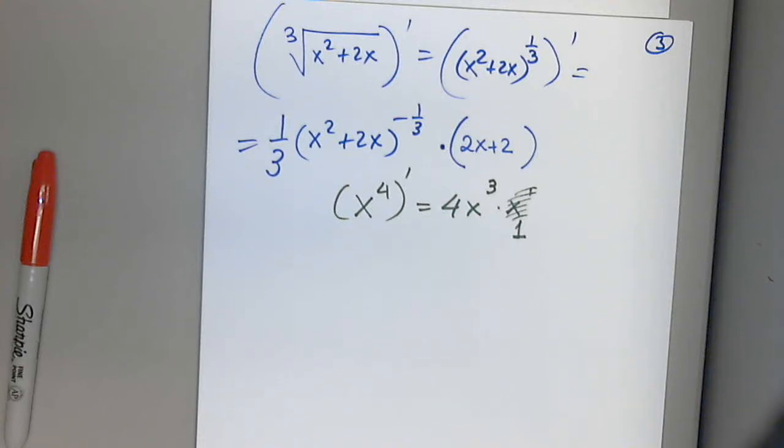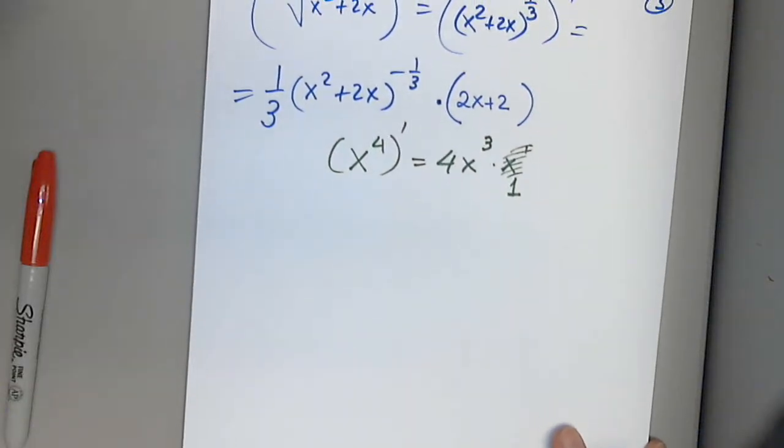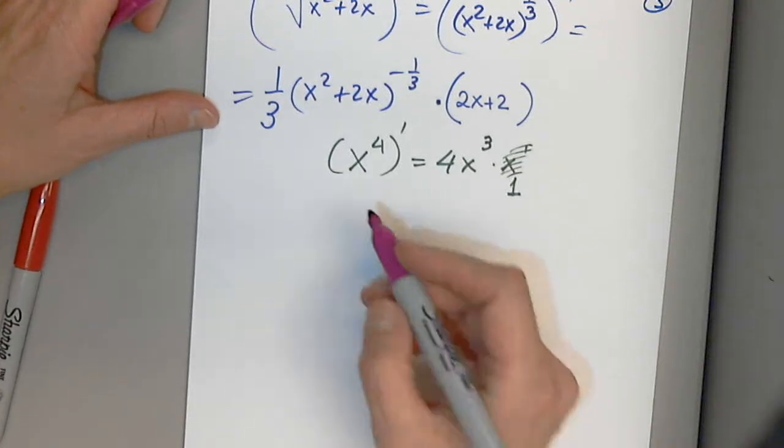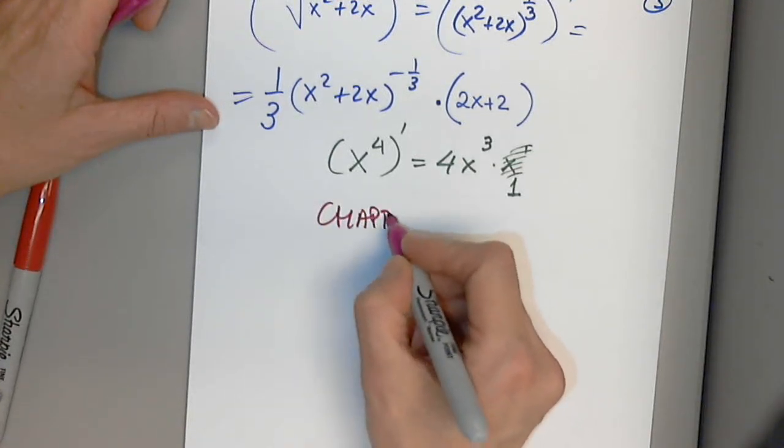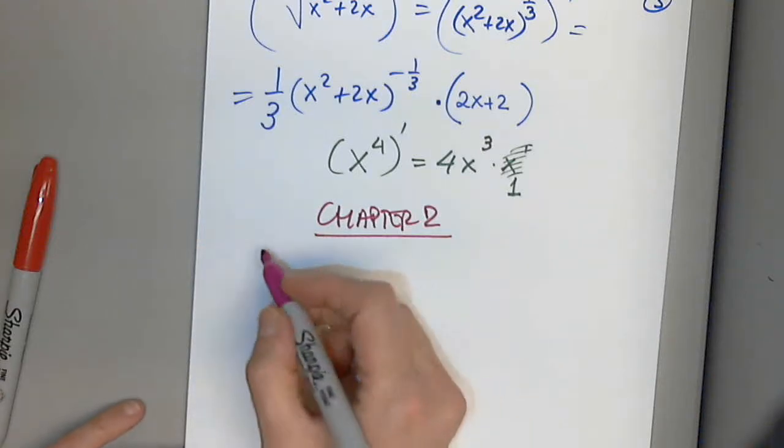You can stop me anytime if you remember something, or I say something that triggers your memory on past problems or past topics. Stop me, okay? So chapter 2. In chapter 2, we are going to look at applications of differentiation.